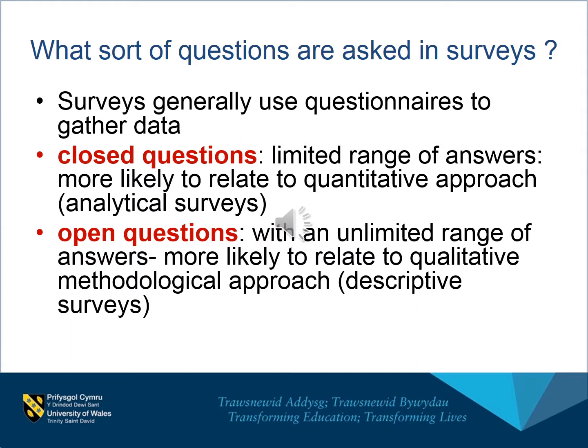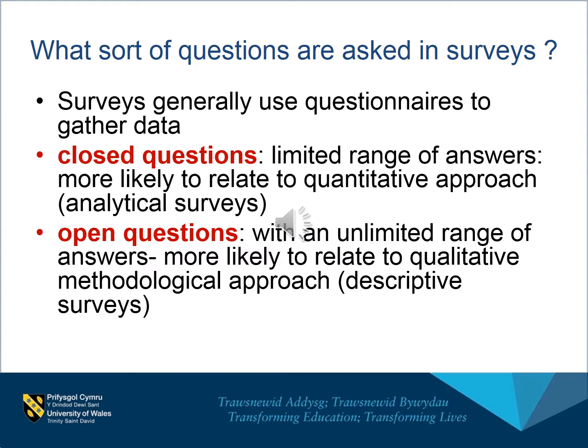So most surveys involve the use of questionnaires, and we'll talk about the nature of those in more detail. There are two main types of question. One is a closed question with a limited range of answers, and the other is an open question where you're asking people what they think.